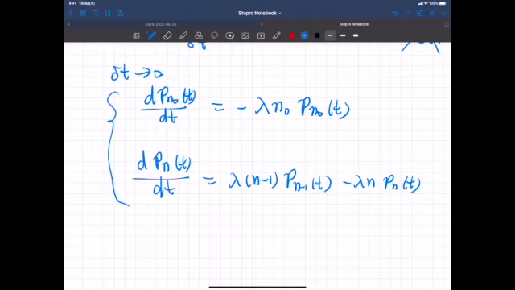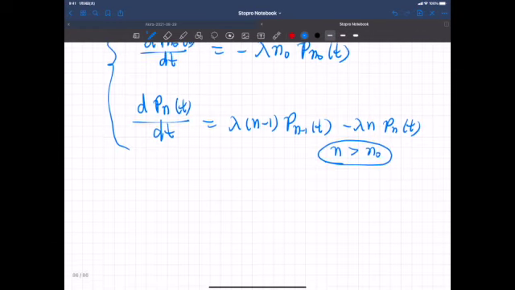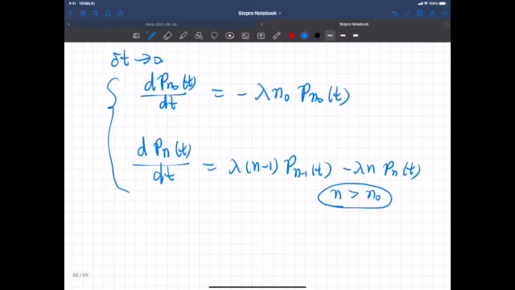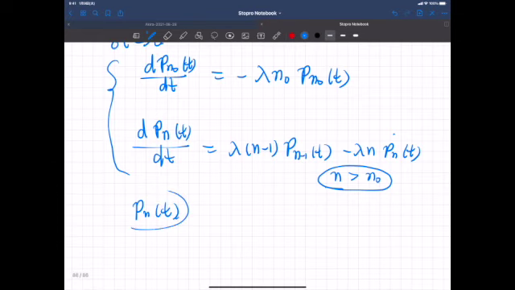So we have these two equations. In the second case, n should be greater than n0. Here is the differential difference equation which this probability mass function should satisfy. Now if we solve this, then we should be able to find the general form of this function.